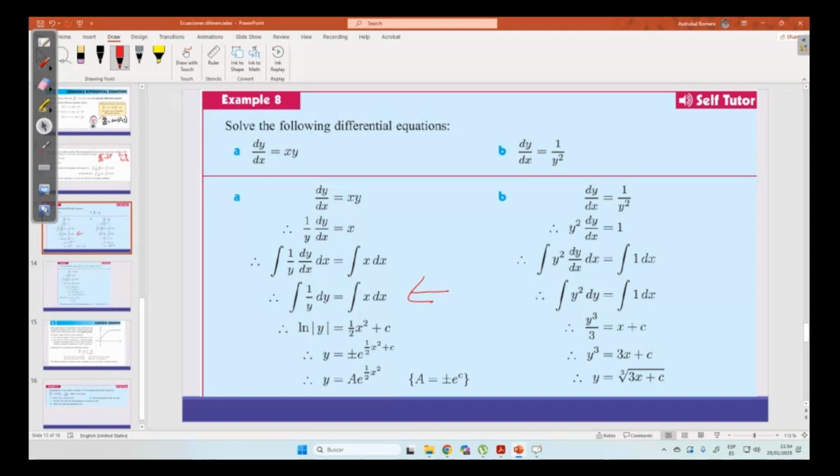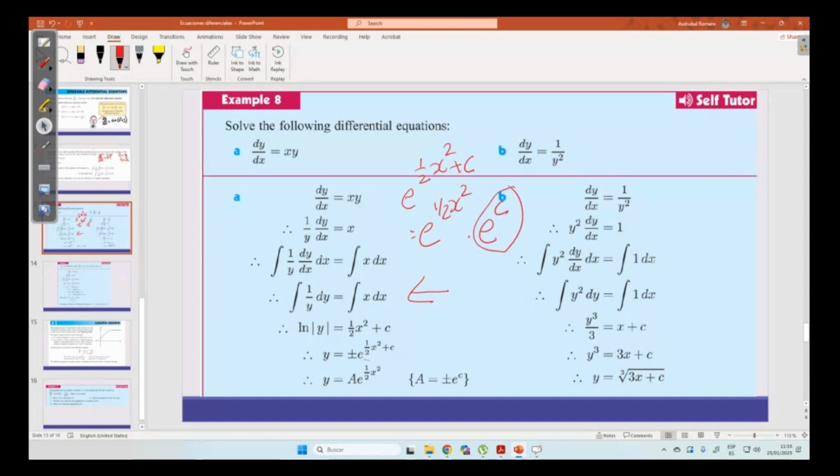what you have to see is that you are going to separate this in the part that depends on x. What we did before, if I have e elevated to 1/2 x squared plus c, I can put this like e to 1/2 x squared multiplied by e^c.